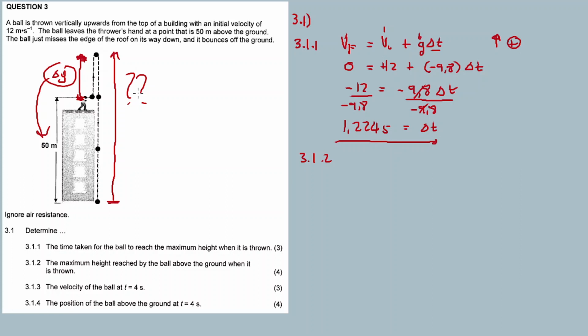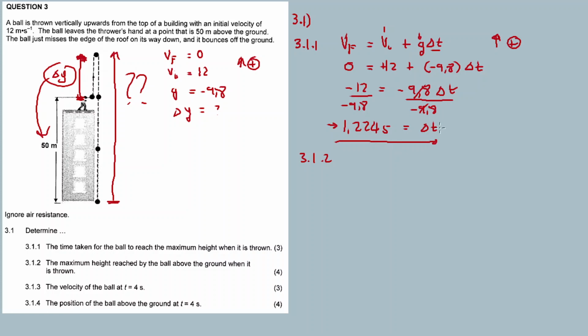Alright, now for 3.1.2, okay, how do we approach this one? Alright, let's use our information. V final is still 0, V initial, I'm still choosing up as positive here in this question 3.1.2. Initial is still 12, g is minus 9.8, and I want delta y this time. What else do I have? I'm avoiding using the time here. You know why?